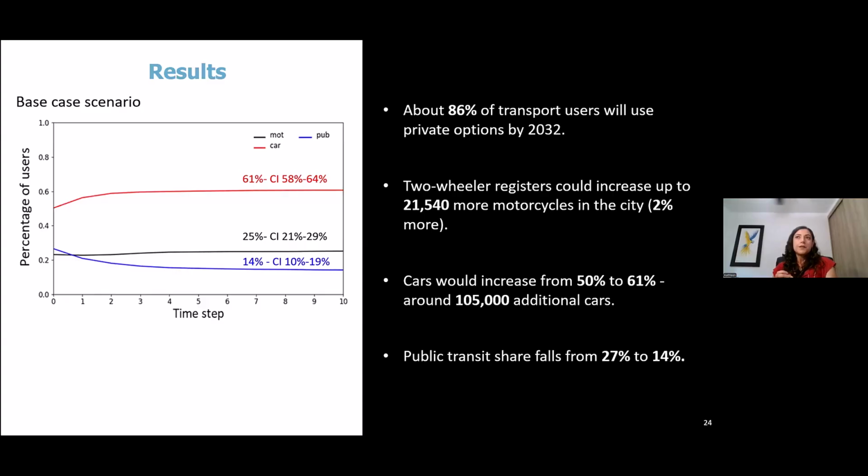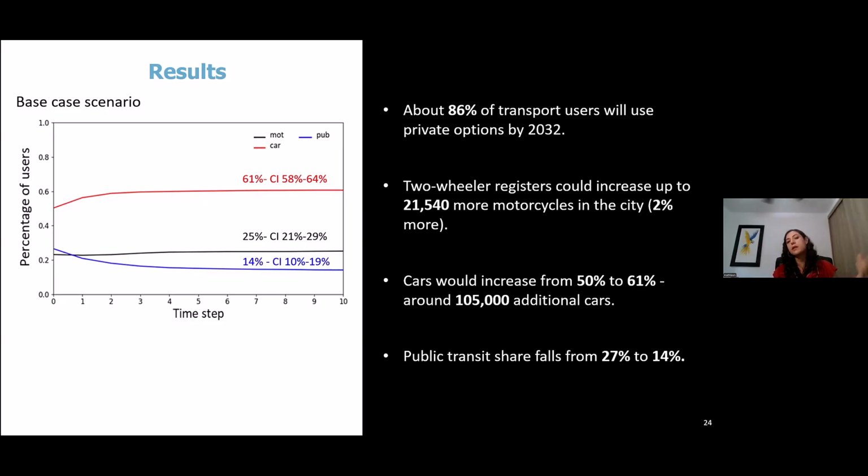Now, what we got for the base case scenario is that if no policy or change is introduced into the system, in about 10 years we will have a big number of private cars, which is this red line, and motorcycles, and we will have a decrease in the number of public transit users, which is something that is happening in the real system even before the pandemic.